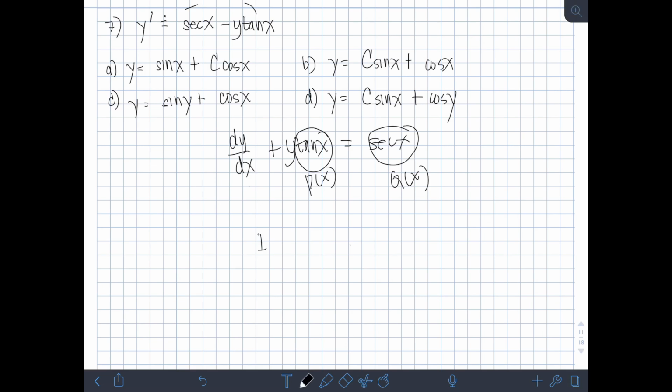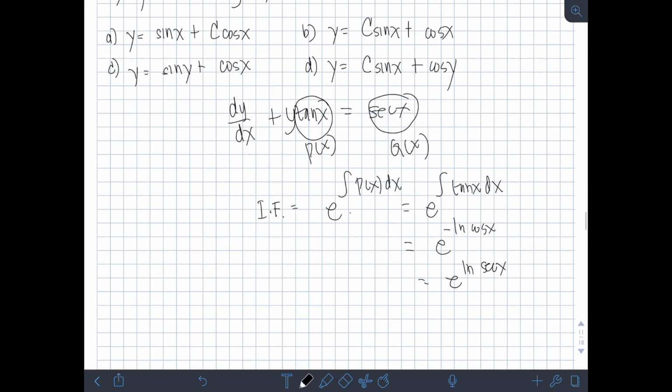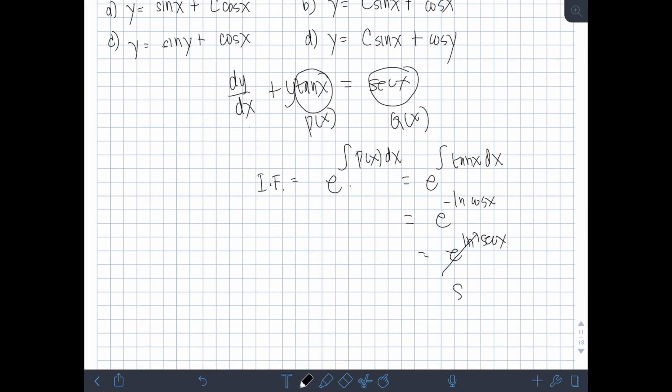So, let's first find the integrating factor. It is equal to e raised to the integral of p of x dx. So, we have e raised to the integral of tan x dx. The integral of tan x dx is negative ln cos x, so e raised to ln secant x, right? So, therefore, the ln cancels and it becomes just secant x.